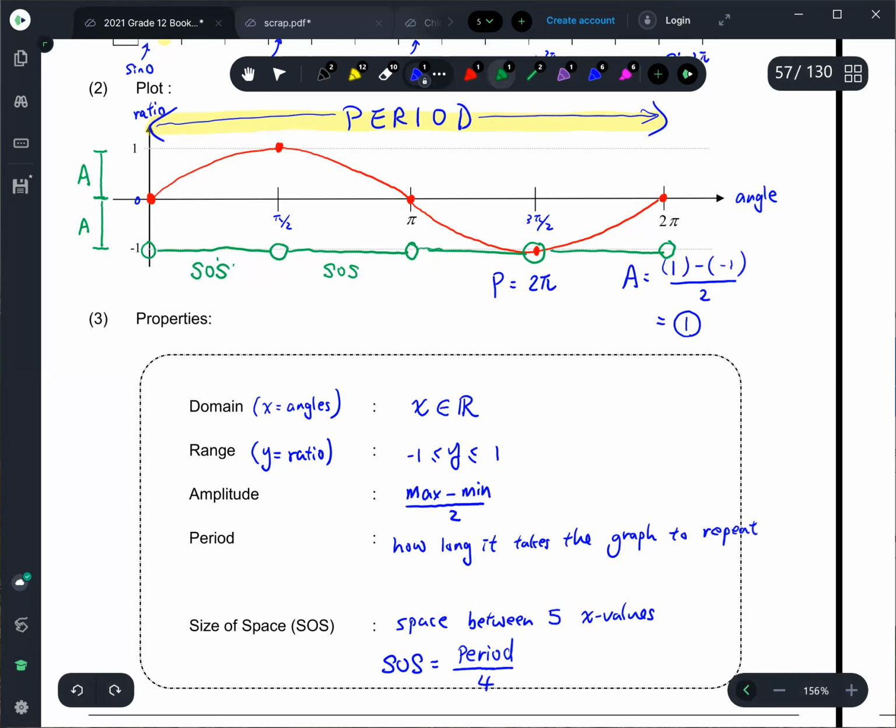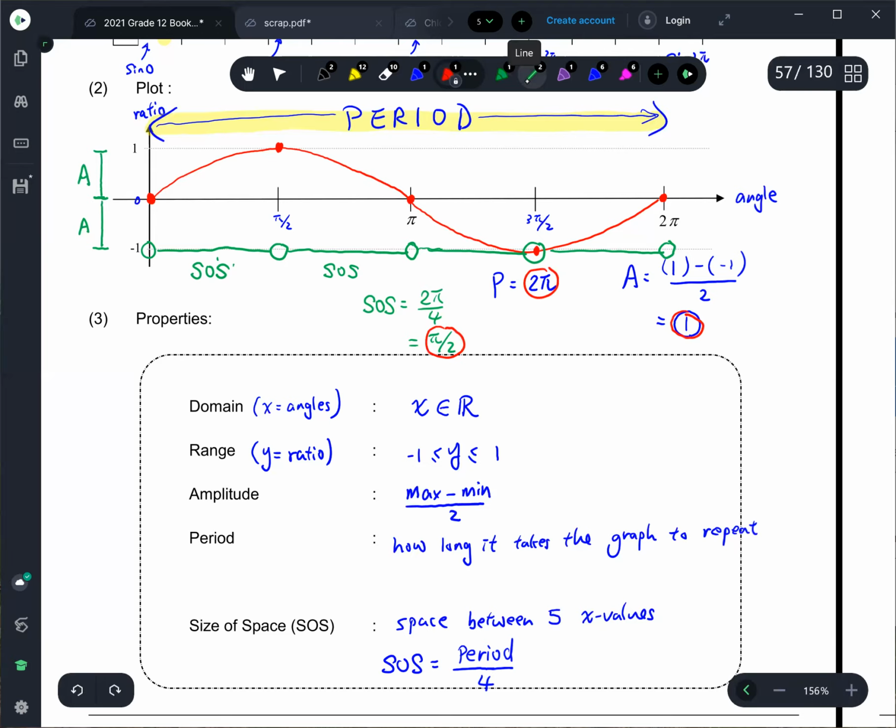Okay, so in this example, we have the size of space equal to 2 pi divided by 4. That's pi over 2. So these are the amplitude, period, and size of space for sine. Okay, just for sine.